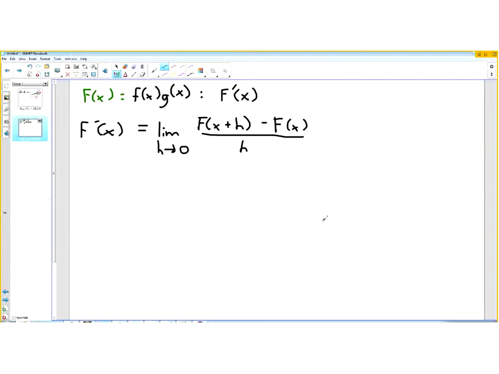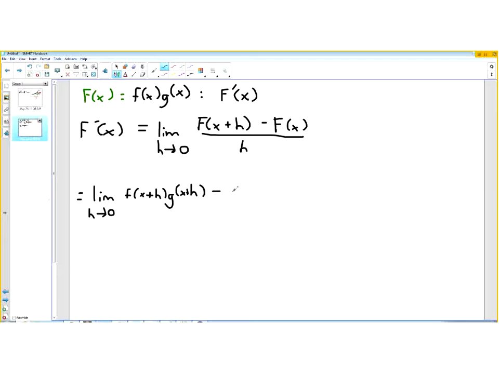Simple enough. So now I'm just going to plug the product into the difference quotient. I'm basically going to use composition of functions, since we're all so good at that. So big F of x plus h is little f of x plus h times little g of x plus h.